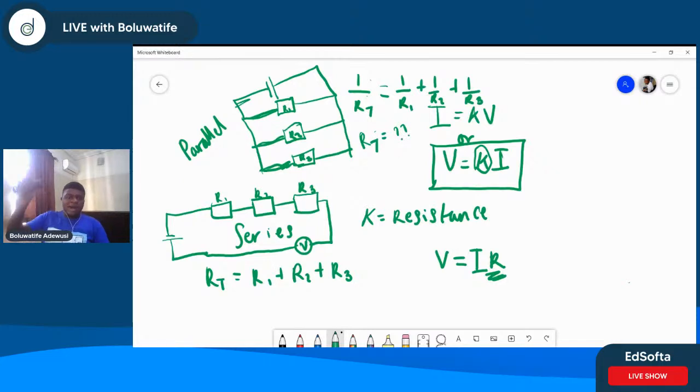So instead of having 1 over RT, once you've added everything together, 1 over R1, 1 over R2, 1 over R3, let me give an example. Let's say this is 2, this is 1, and this is 4. To calculate it, I would have 1 over 2 plus 1 over 1 plus 1 over 4.